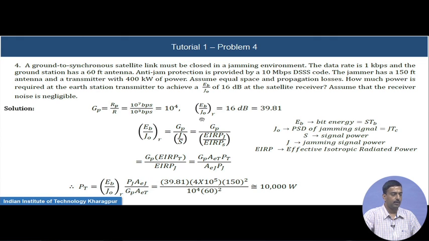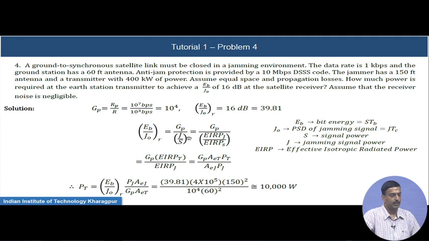We further convert the specified Eb/J0 value, which is in dB, to an absolute number. Now there is this relationship between Eb/J0 at the receiver, the processing gain, the jamming signal power, as well as the signal power which is transmitted from the earth station.